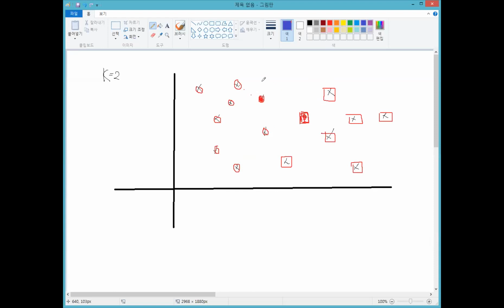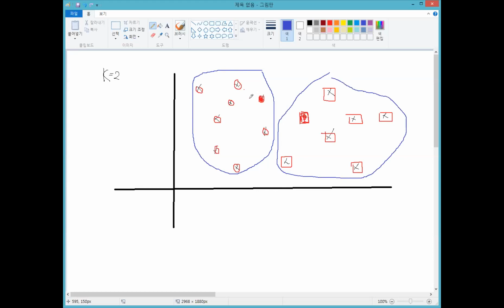Now we have these clusters, and in each cluster we calculate again. The old points are not the centers anymore, so the new centers would be around here and here.